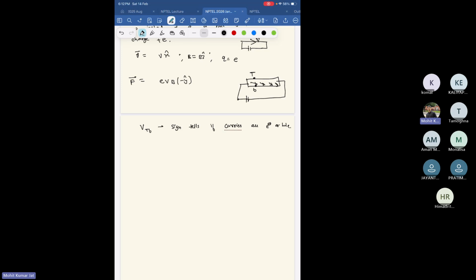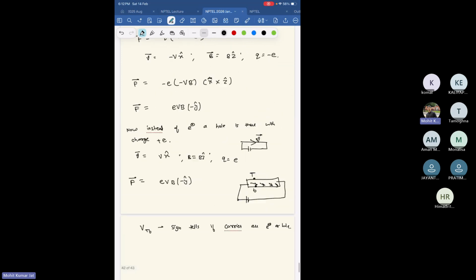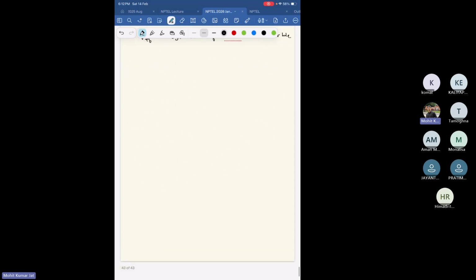And this is what's very conventionally used in the semiconductor case to determine the different types of the carriers. So this is about the basic introduction.